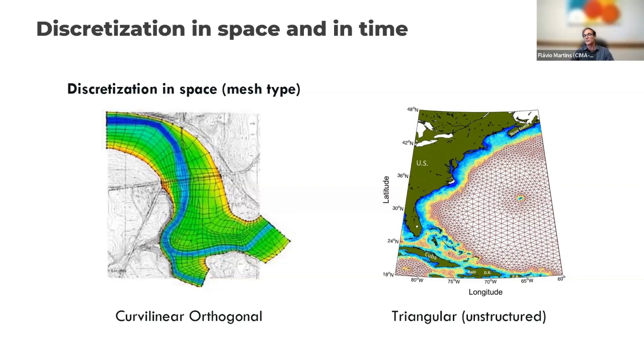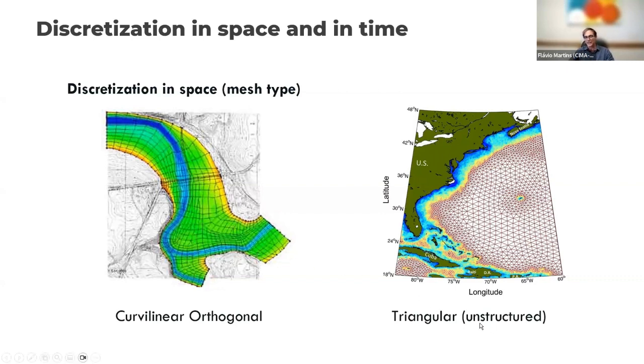That's very useful, because if you know the indexes of each cell, you can say which are its neighbors: the neighbor in the north, south, east, and west. That's very useful when you are creating your model.